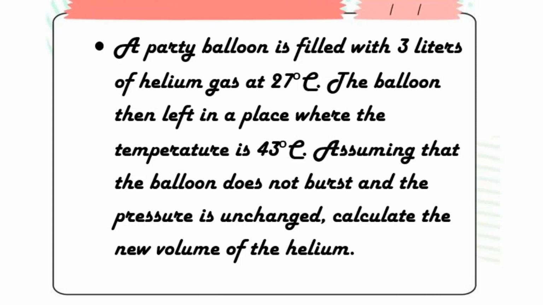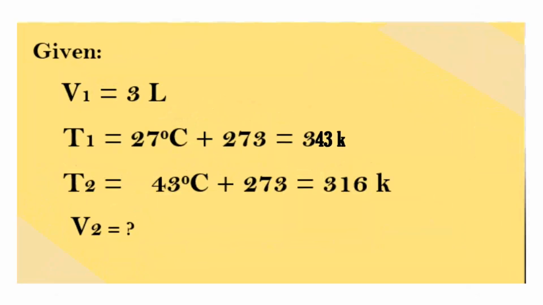Assuming that the balloon does not burst and the pressure is unchanged, calculate the new volume of the helium. Again, we have to identify the given data. V1 equals 3 liters, T1 equals 27 degrees Celsius plus 273 equals 300 Kelvin.